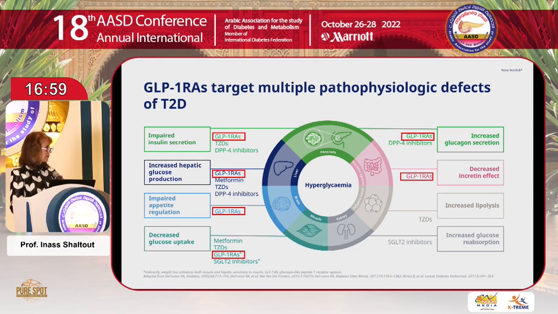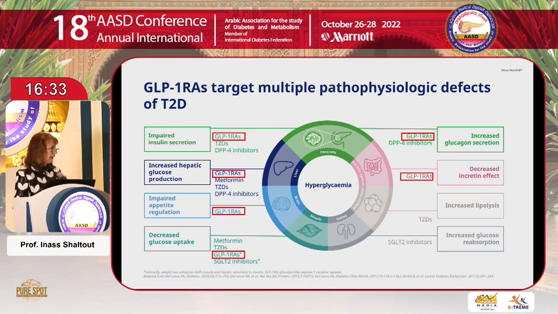GLP-1 receptor agonists target many pathophysiological defects in diabetes. We have impaired insulin secretion, and GLP-1 receptor agonists produce insulin from the beta cells, especially related to meals, and reduce hepatic glucose production.